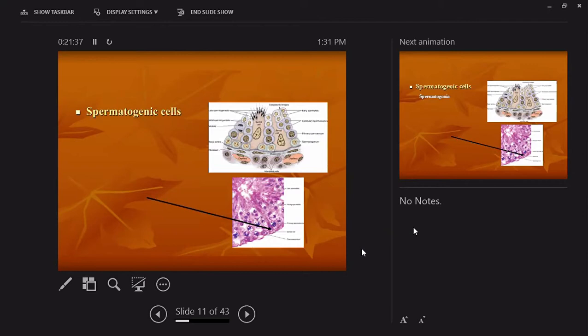It divides the seminiferous tubules into the basal and luminal compartments. Luminal, the lumen, where you have your different developed cells later on. It provides nourishment to the developing spermatogenic cells. Yes, your Sertoli cell.